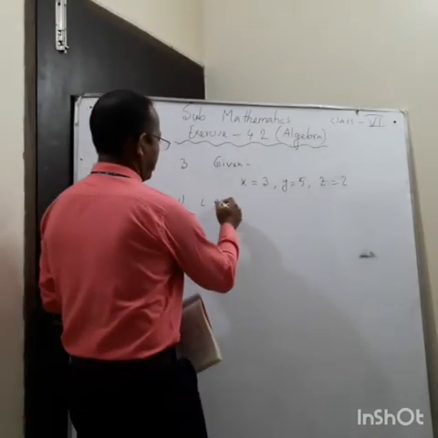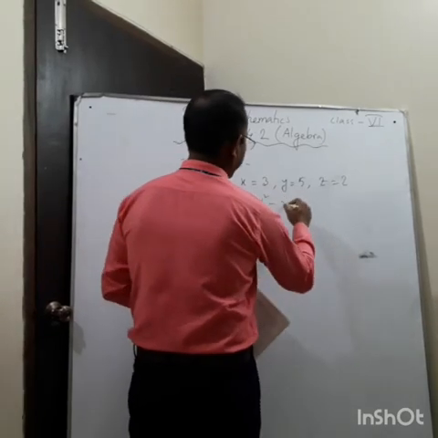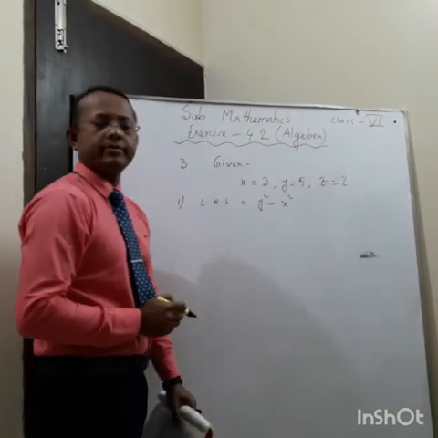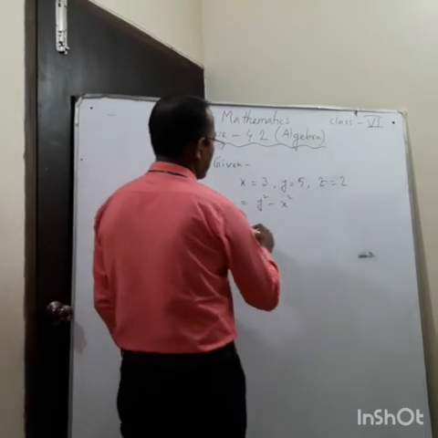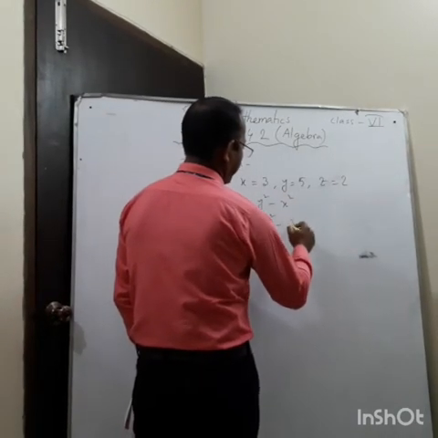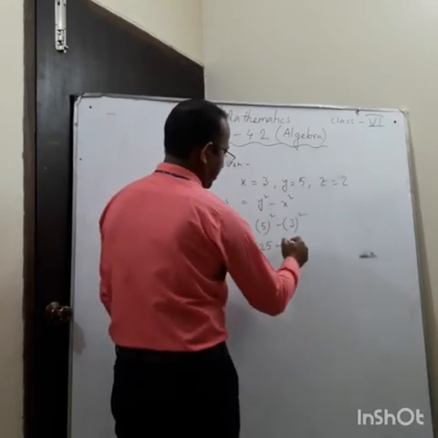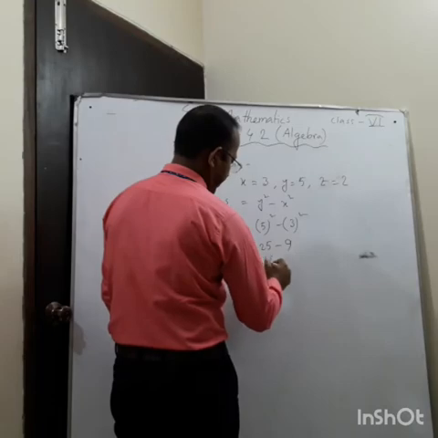Left hand side: y square minus x square, that is y means 5, minus x means 3, so this is 25 minus 9, that is 16.